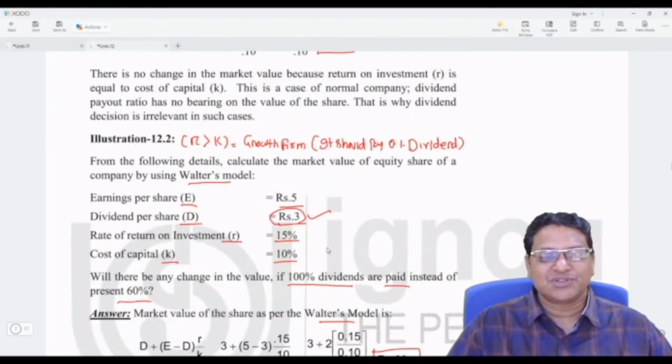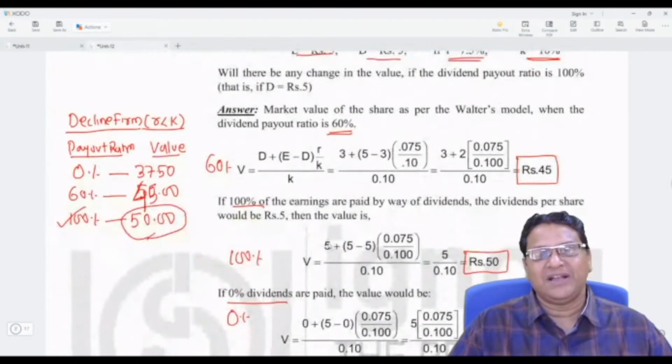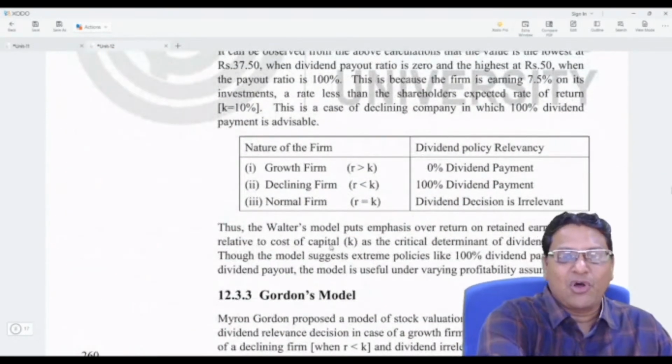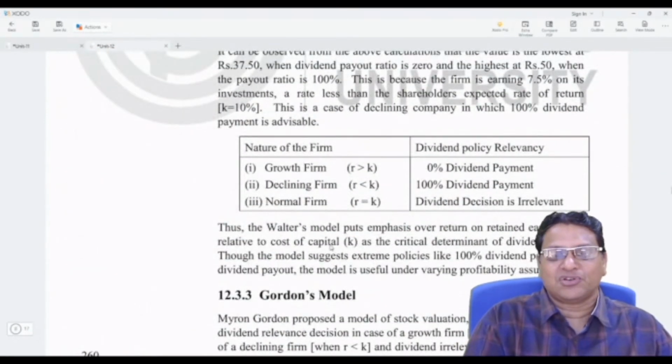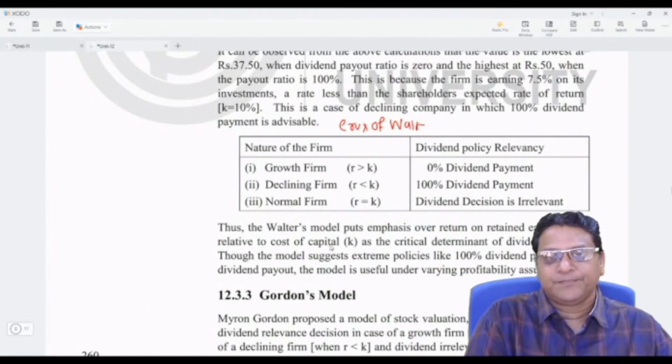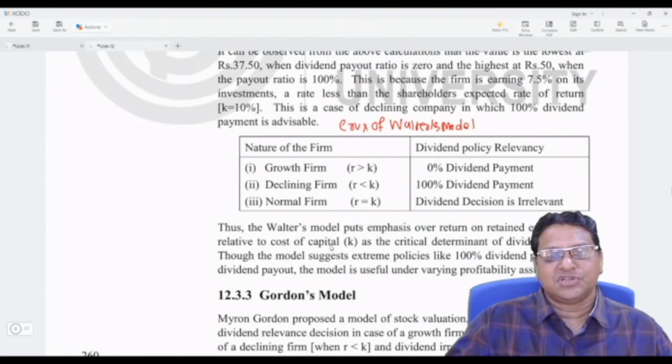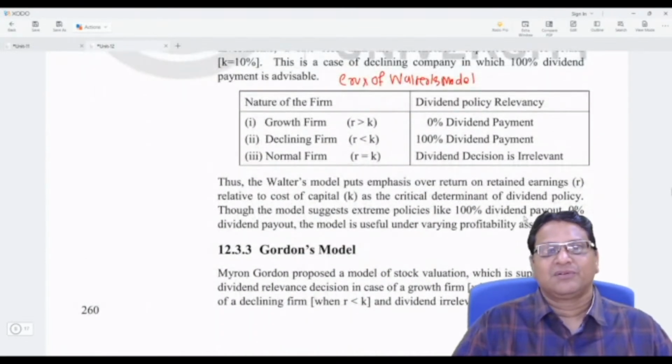Now we will discuss some of the limitations of Walter's model. Just look at the summary.